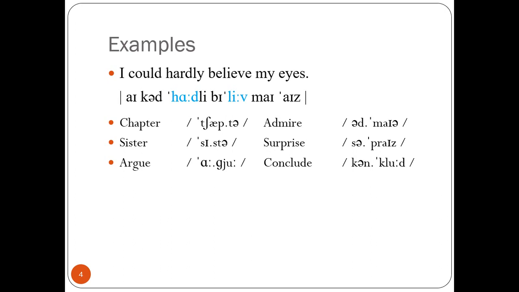We do have two syllables, hard and leave, which are actually stressed syllables. So the stress falls on these two syllables in the sentence. We make them prominent, and that's because they are important.